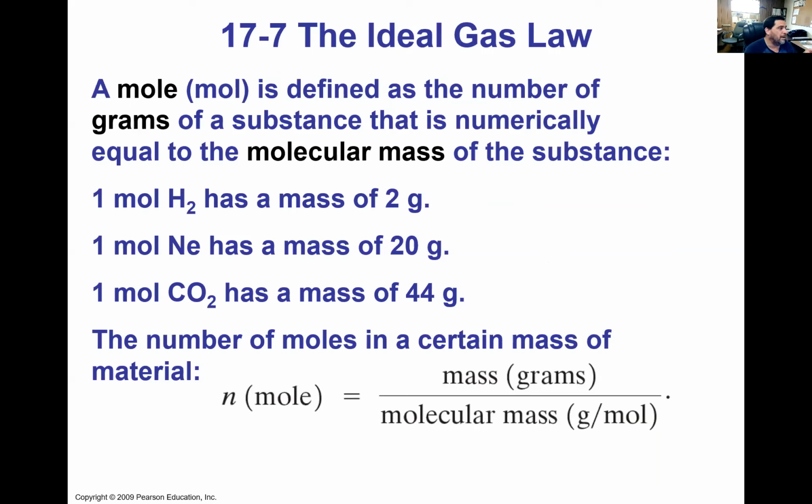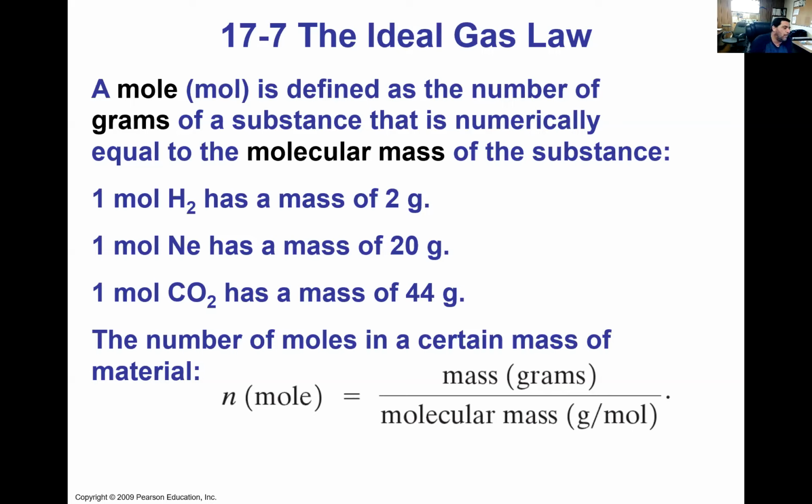One mole of a substance is defined as the number of grams of the substance that is numerically equal to the molar mass of the substance. Well, what does all that mean? That means you're going to need a periodic table, or you're going to need to be given the common masses of certain things. So 2 moles of hydrogen has a mass of 2 grams, right? 1 mole of neon has a mass of 20. CO2, carbon dioxide, you have 1 mole of carbon and 2 of oxygen, right?